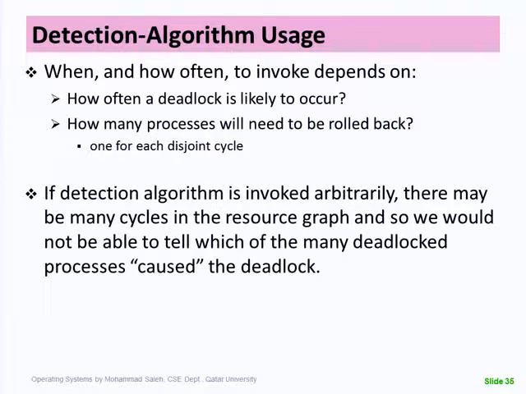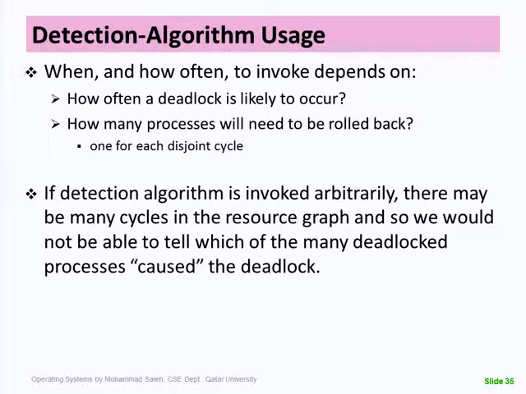Periodically means it depends on how frequently this kind of system tends to have deadlock. If you tend to have deadlock every week, we will execute it in a time that is less than a week. If it's every day, we will execute it every few hours, and so on. So it depends on how frequently it really happens.